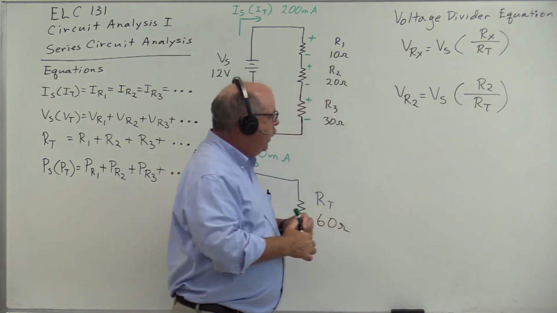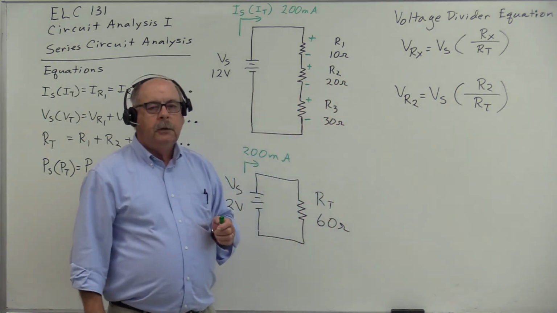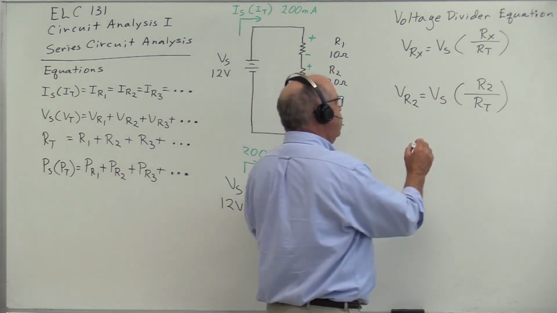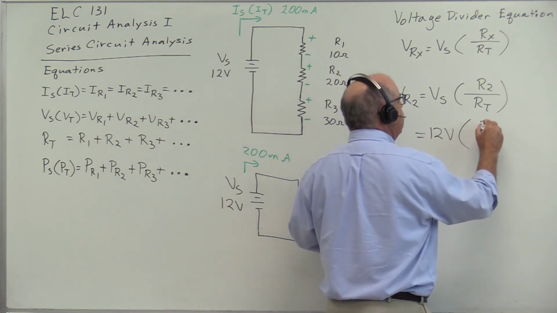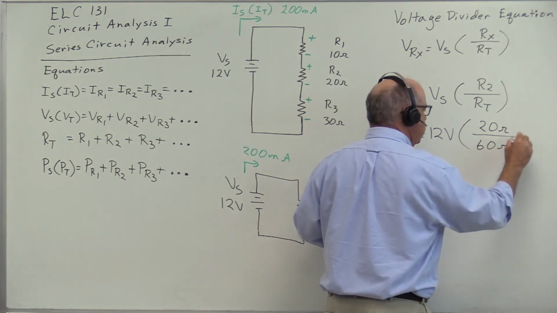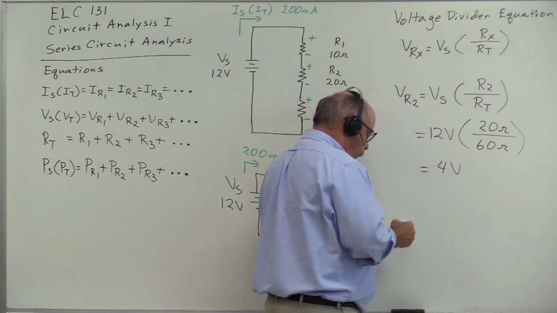So our equation would be VR2 equals V source times R2 over R total. And we'll substitute in our known values, 12 volts times 20 ohms over 60 ohms, giving us, of course, 4 volts.